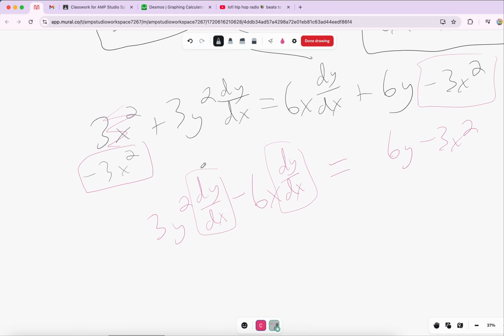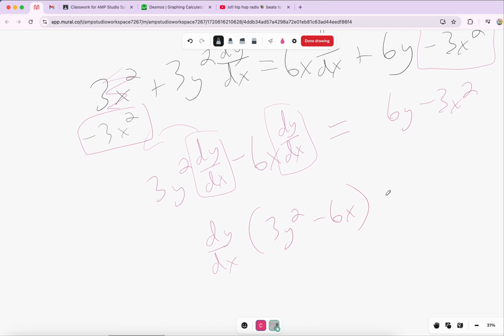Well, I can factor and pop out dy/dx because I have the same term in both, and in parentheses I take the other terms: 3y squared minus 6x. So now I have dy/dx on its own, multiplied by this whole term, equals 6y minus 3x squared.